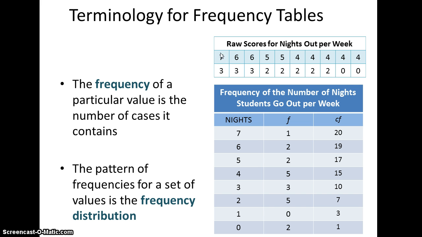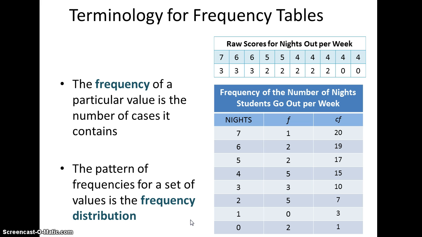I've arranged it from highest to lowest. What I've got is the number of nights that a student goes out per week. For each of these different values, you'll see the frequency. Going out every night is one person in my sample of 20 students.